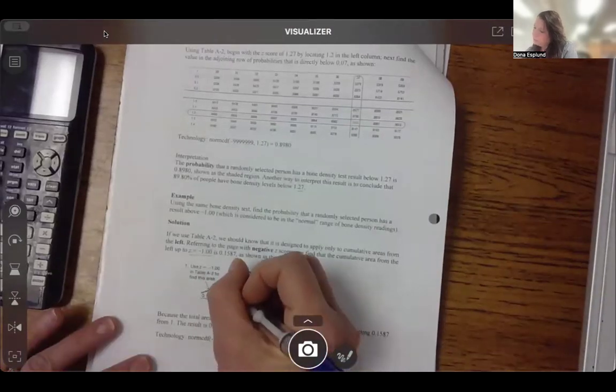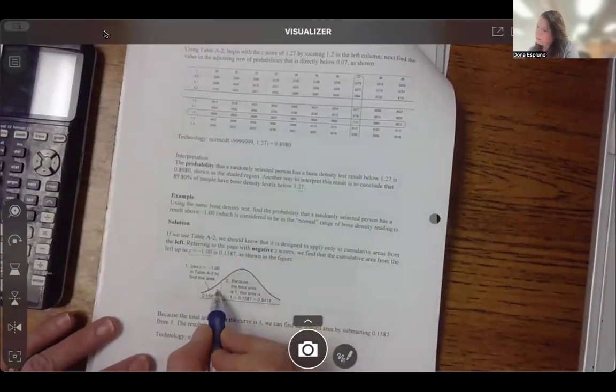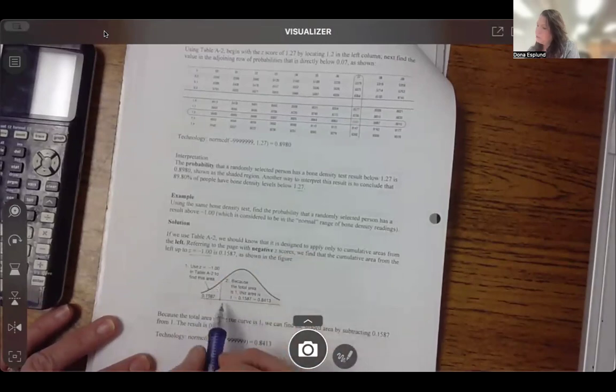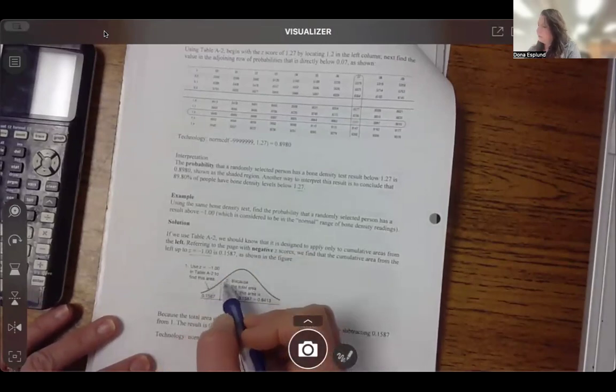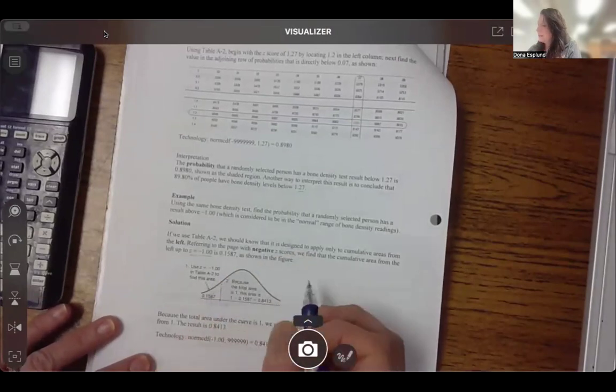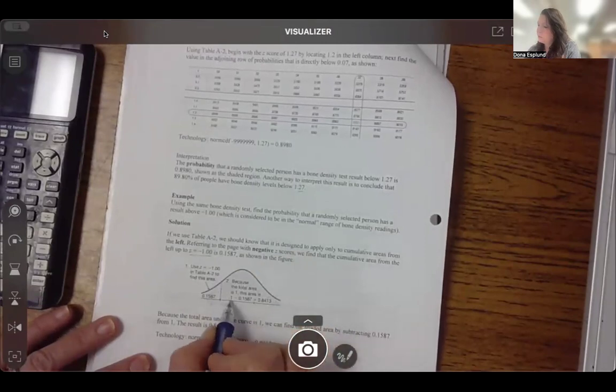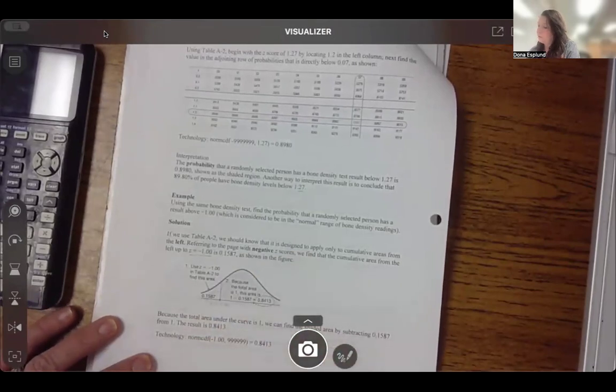Remember, that's representing the amount to the left. So in order to get the amount I really want, which is greater than that, I would subtract it from 1. So 1 minus 0.1587 is going to give me 0.8413.